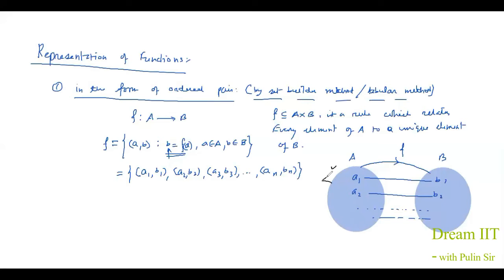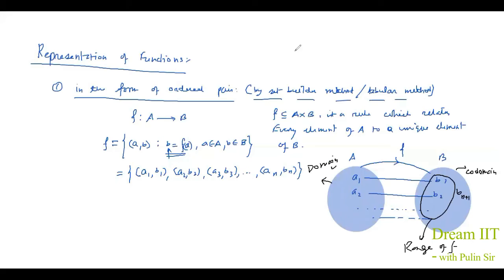So this whole set A is called the domain. The right hand side whole set B is called the codomain. In B, we may get some extra elements. The elements which have relations with elements of A, that set is known as the range of f. So be very, very clear.